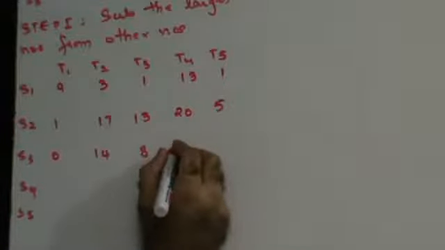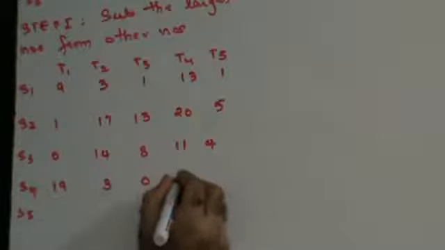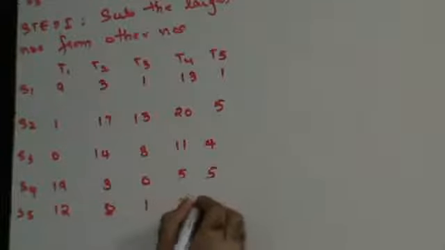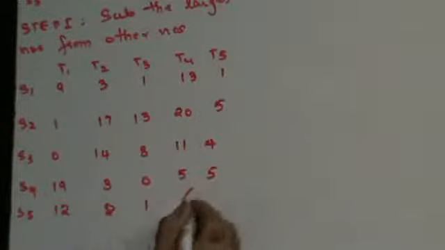Then 46 minus 46, 46 minus 32, 46 minus 38, 46 minus 35, 46 minus 42. Then 46 minus 27, 46 minus 43, 46 minus 46, 46 minus 41. Then 46 minus 34, 46 minus 38, 46 minus 45, 46 minus 40. This is 40, so this will be 6, and 46 minus 44, that is 2.